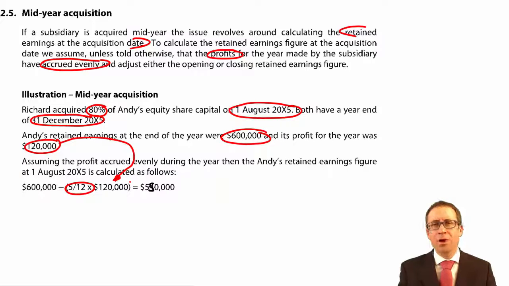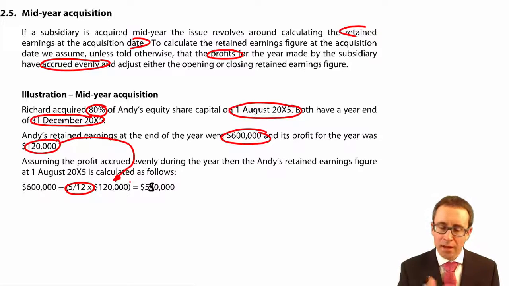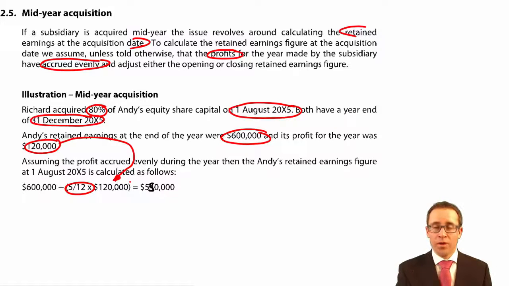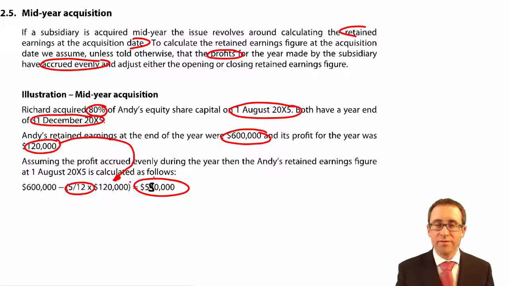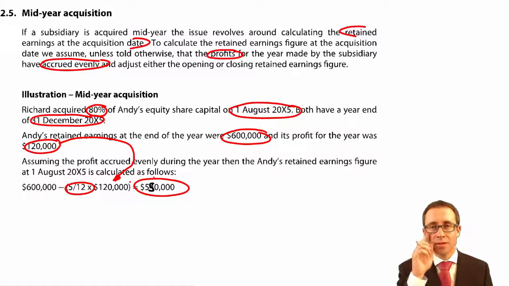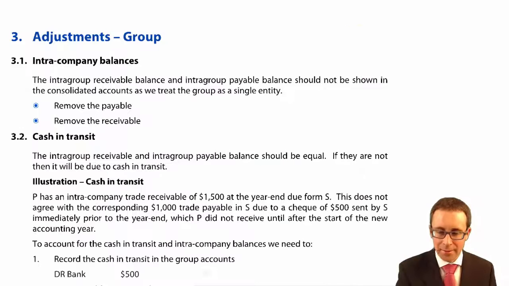I'm not going to go back and update it and then re-record everything that I have just said, because that will be a waste of time. I apologize, but the key bit, hopefully, is that you understand that the figure you have now, the 550,000, goes into your net assets of the subsidiary at the acquisition date, doesn't it? There we go. Excellent. Everybody happy? Reasonably so. Typos happen, and there we go.